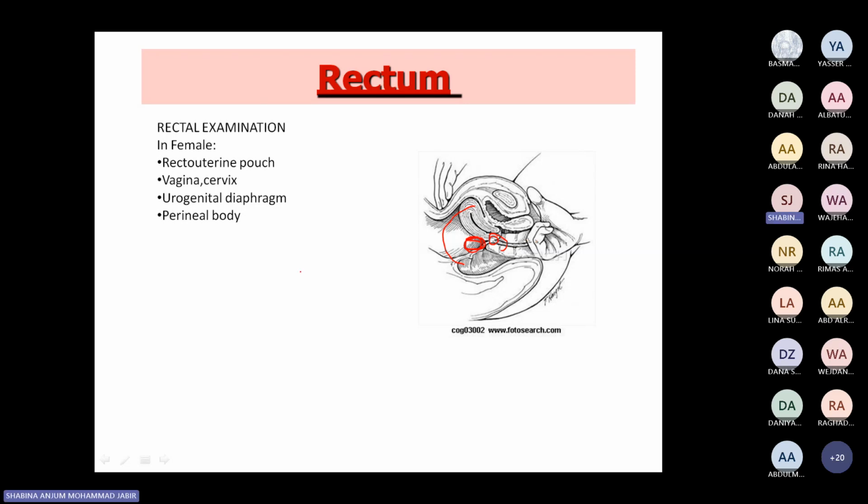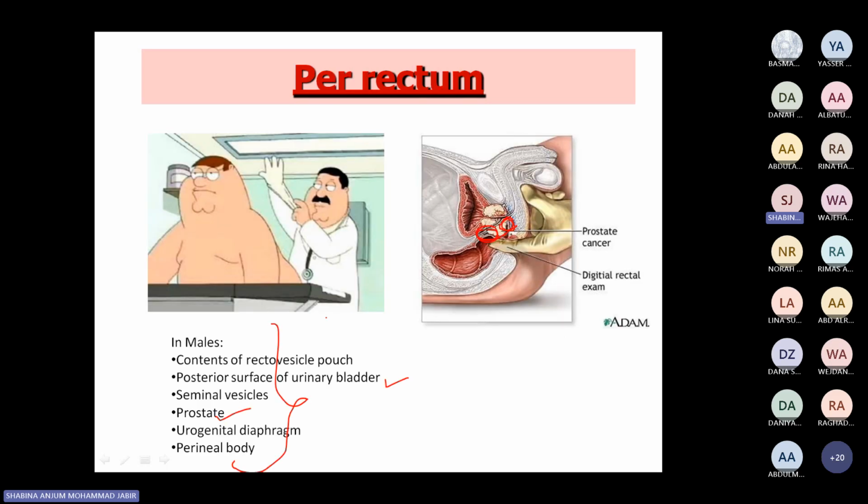So by this digital rectal examination, the surgeon can feel these structures, can feel the consistency, whether it is a solid mass or if there is any liquid, or is there any enlargement of this organ.